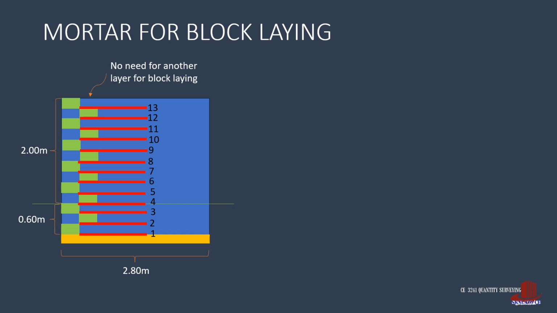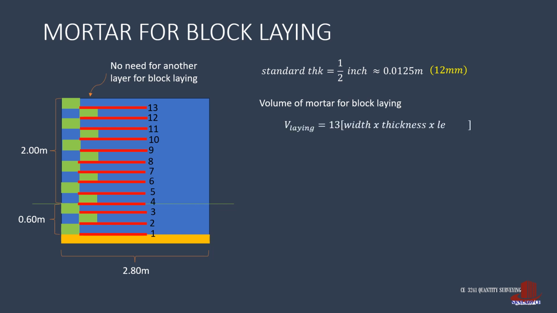The standard thickness for mortar used in block laying is half an inch, which is converted as 0.0125 meters, or commonly taken as 12 millimeters. The volume of mortar for block laying is then computed as 13 layers of the dimensions of each layer. That is, 13 times 0.125 meters thickness of CHB times 0.012 meters thickness of mortar, and the length of 2.8 meters, which is simplified as 0.0546 cubic meters.